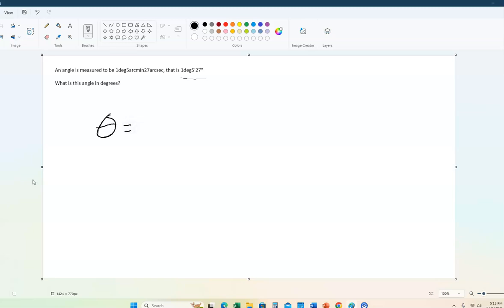So theta is 1 degree and 5 arc minutes and 27 arc seconds. Another way to write this would be 1 degree plus 5 arc minutes plus 27 arc seconds.